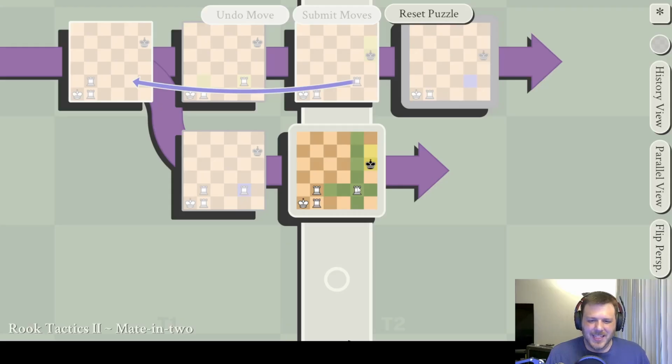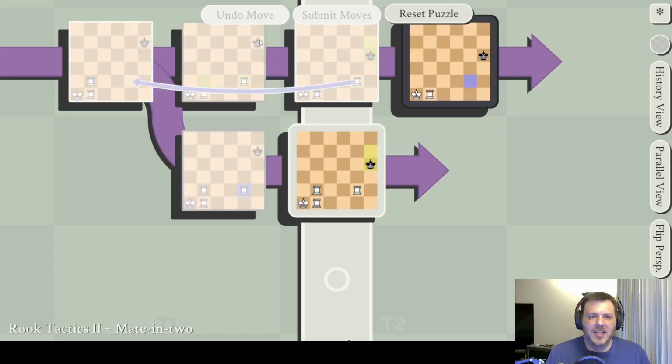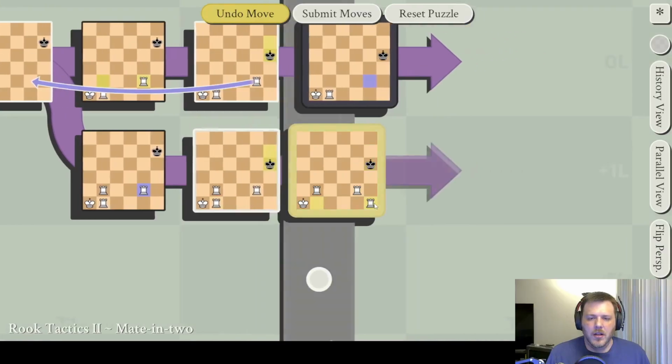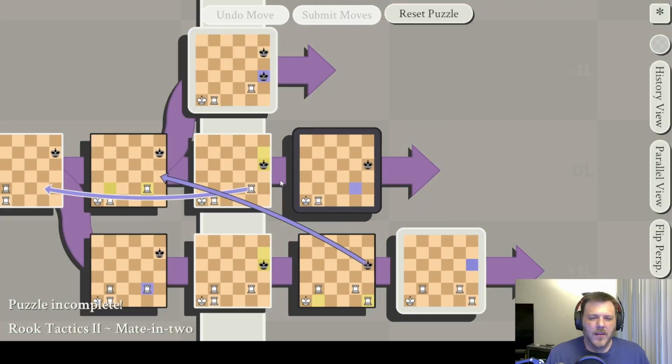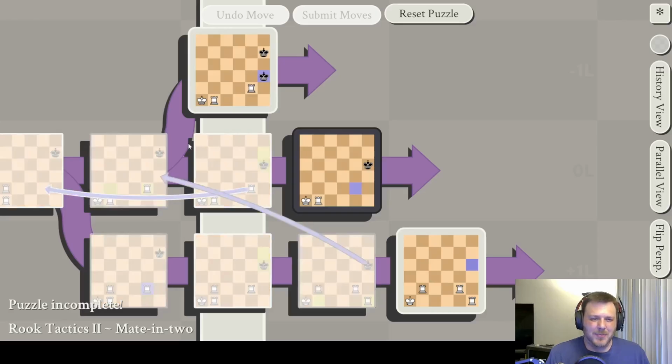But how do I get the checkmate? So that probably wasn't the right move. Oh, no, it is. So if we grab this one, actually, now the king just vanished from this board.